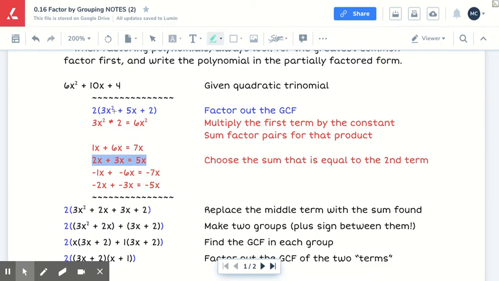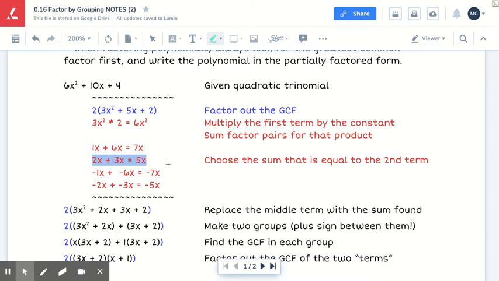So we take the first term and the third term and multiply them together, and we get a positive 6x squared. Then we'll make a list of factor pairs for 6x squared and sum them. The sum we're looking for is the middle term, the second term inside the parentheses, after we've already taken out that greatest common factor.